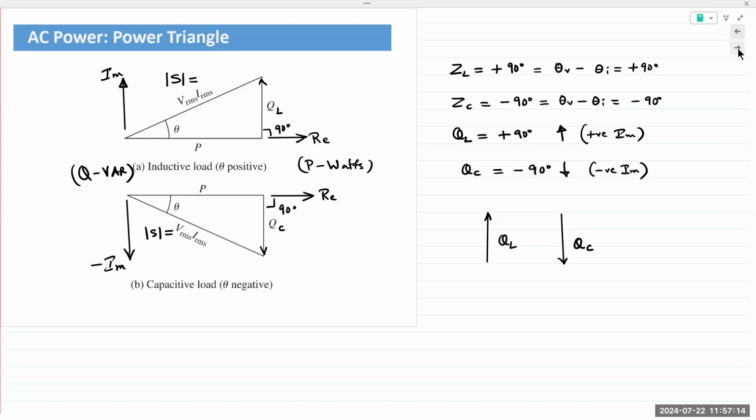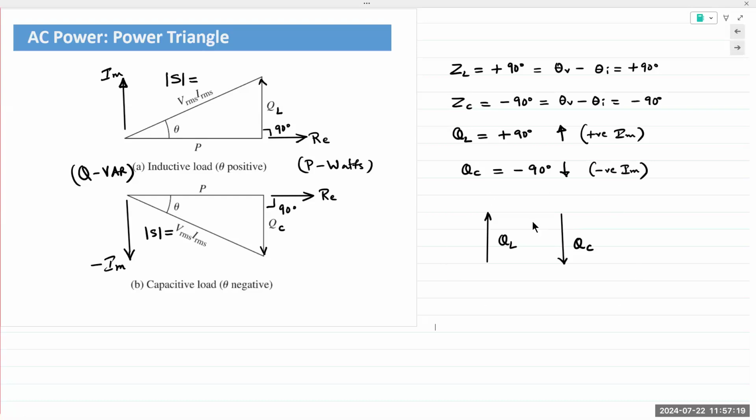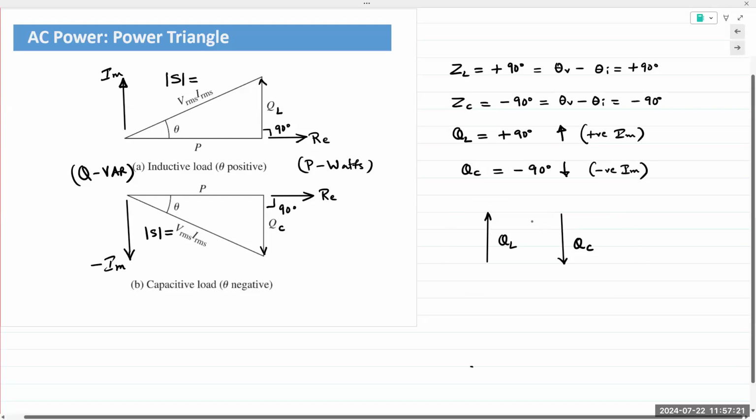So what happens? Let's say you have a system that requires this much amount of real power P and this much amount of reactive power QL.